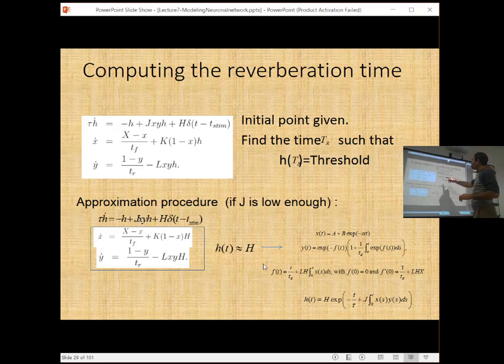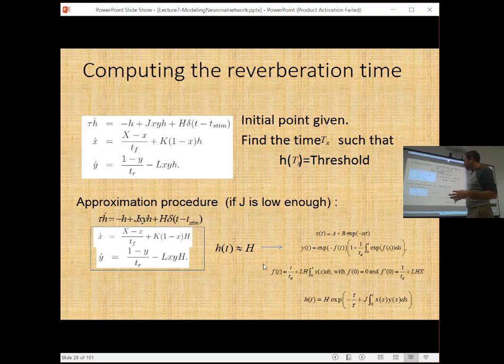We said, fine, you have your delta stimulation, and I want to find the time such that this will reach a certain threshold, TR. I fix the threshold. Of course, it will depend on TR, because if it goes exponentially, I can wait infinity to reach 0, I don't care. So how much it takes to reach TR, if it starts at t equals 0, will give me this duration. That's what we wanted to solve.